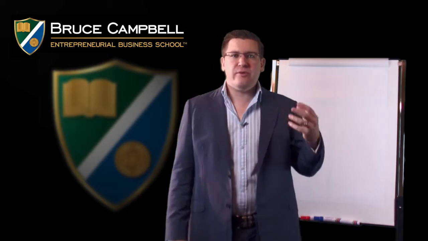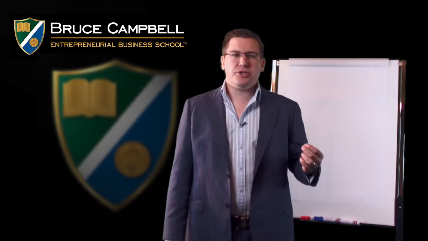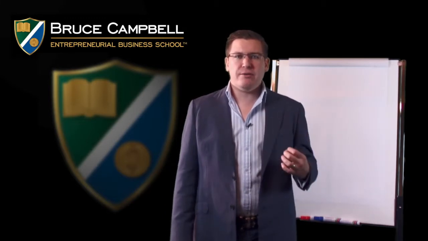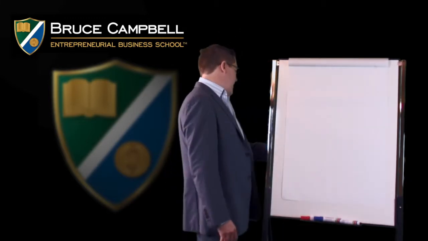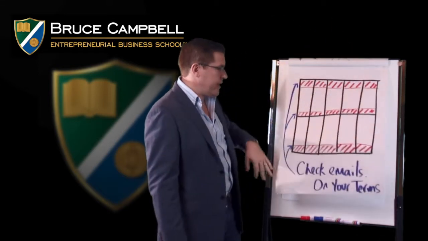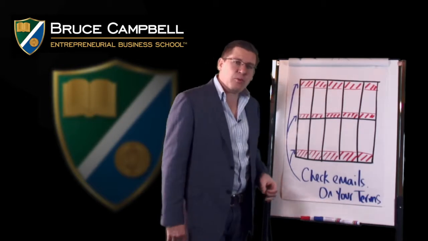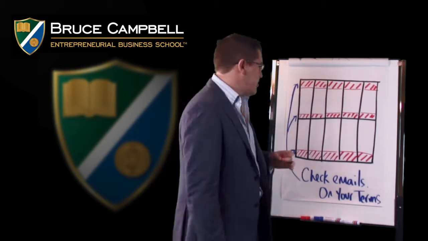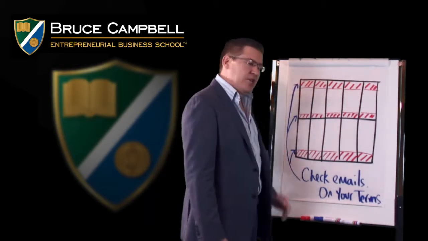So let's look at some strategies of how we can improve our time mastery around this one. Firstly, we need to default time when you're actually going to look at your emails. I've just put up a default diary, and this is a story about when I was working with a financial planner. We actually set default time when he was going to check his email.